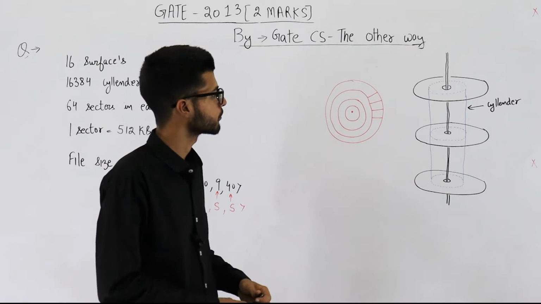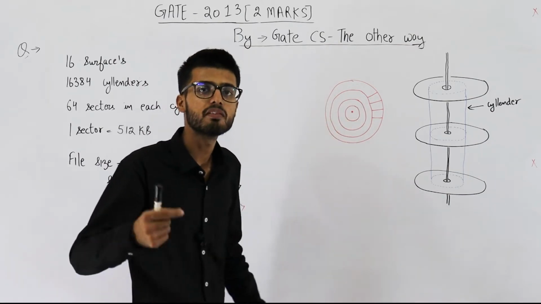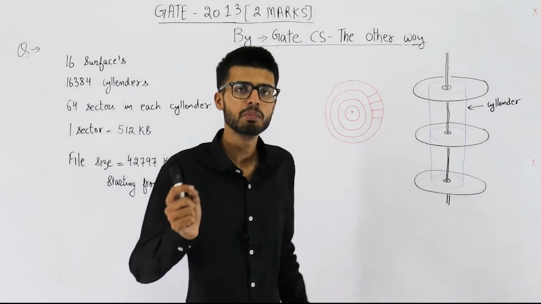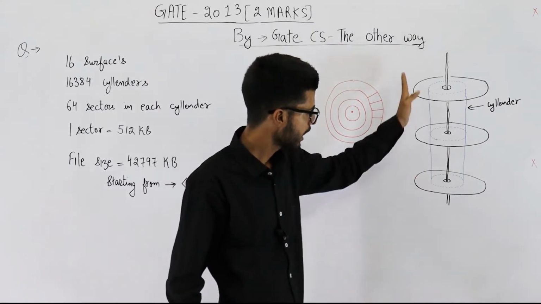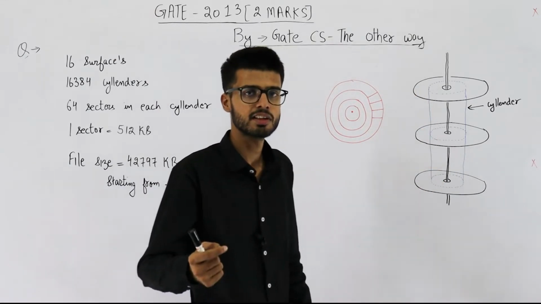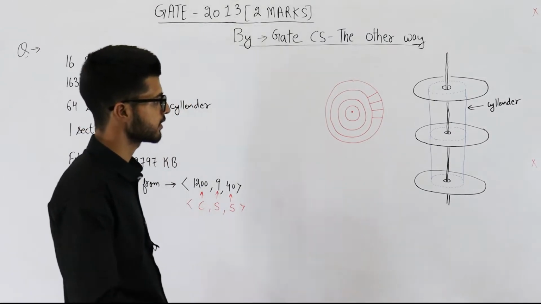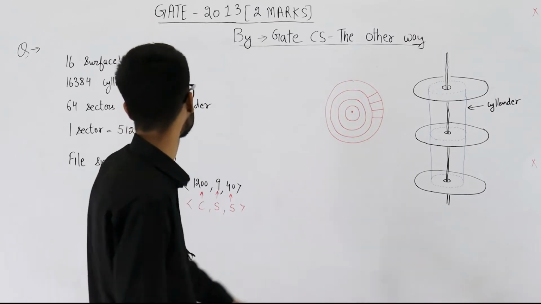Which also means on every platter, there are 2 raised to the power 14 tracks. All of the tracks will belong to some particular cylinder. So we have a total of 16384 concentric cylinders or concentric tracks per platter.